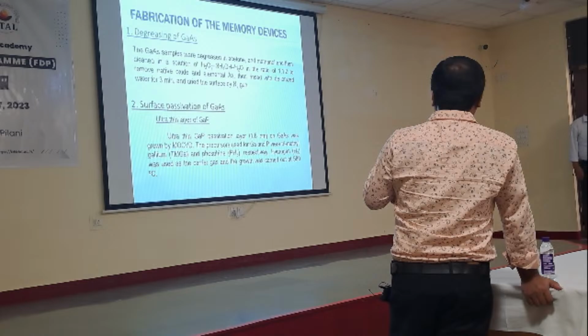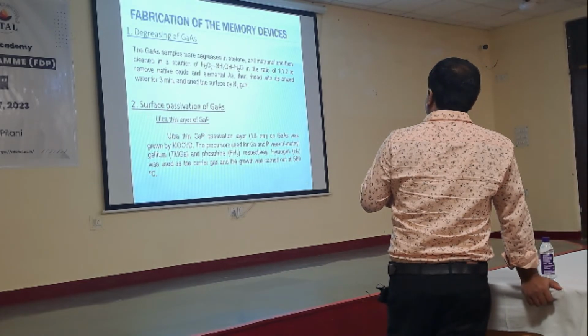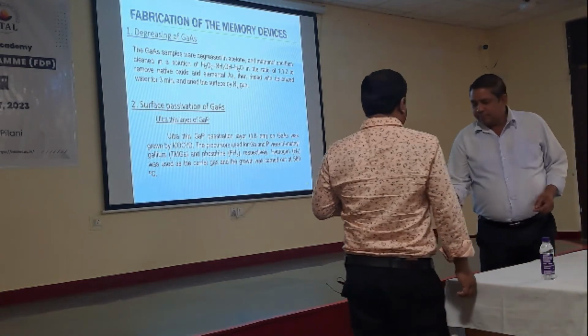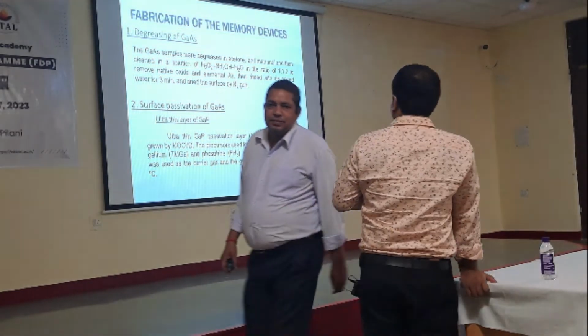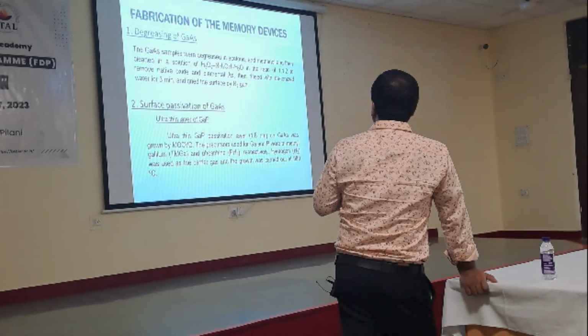I think you know this, and this is the base piranha solution. You have to dip it into the 1:1:2 solution to remove the native oxide and elemental arsenic. Finally, after rinsing, it will be dried with a nitrogen gun in order to dry the surface.